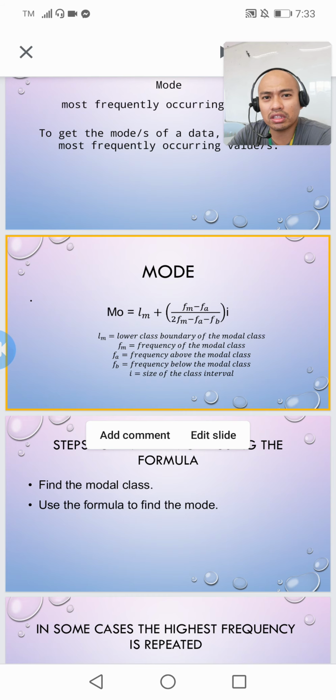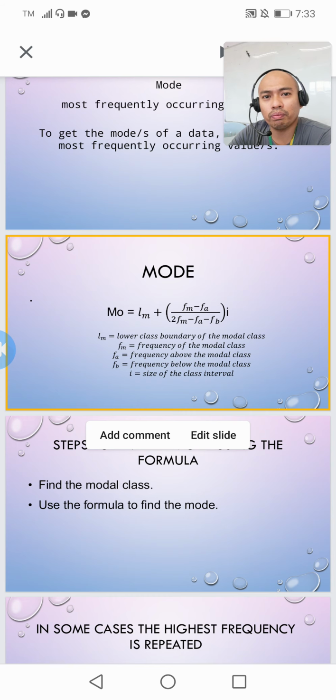Now, what is the implication, by the way, of finding the mode of a particular set of data? Now, it is very much applicable, as I was saying a while back, if in your research study your data are nominal in nature. Okay?